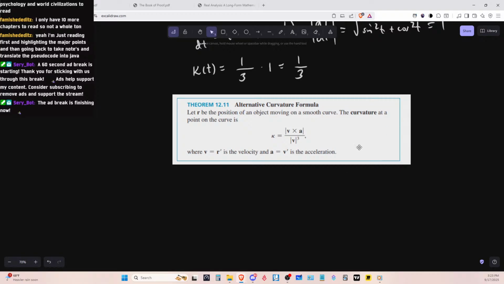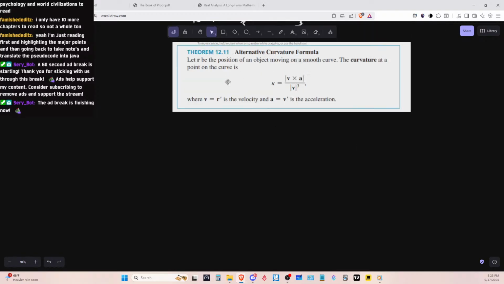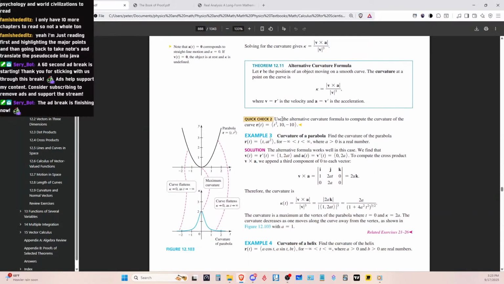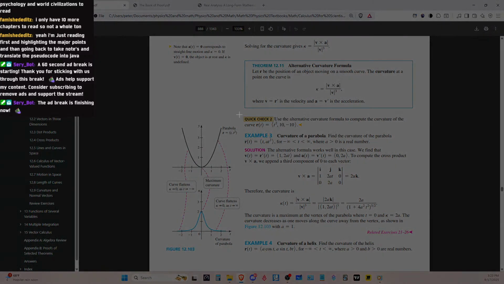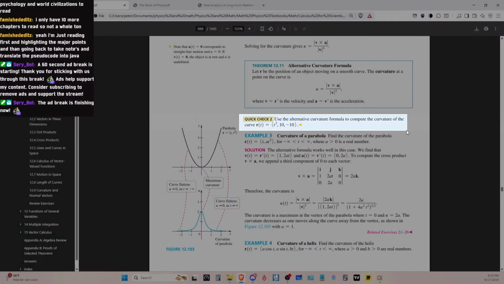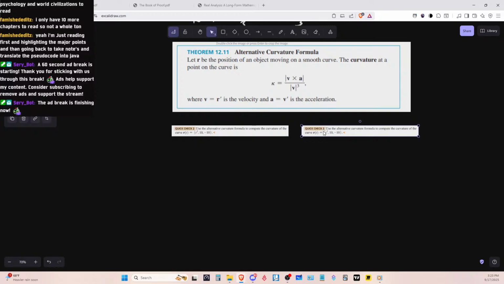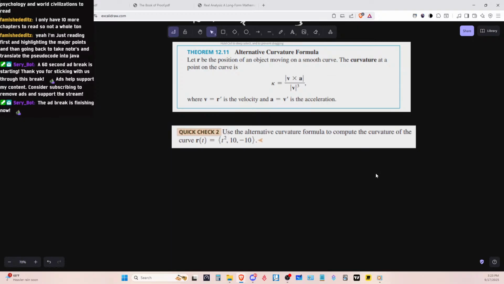So we have this alternative curvature formula. And now, let's see, use the alternative curvature formula to compute the, oh, okay. So I think we have all the tools we need, so let's just do this. Okay.